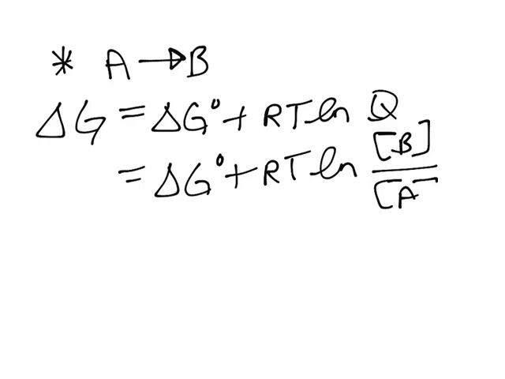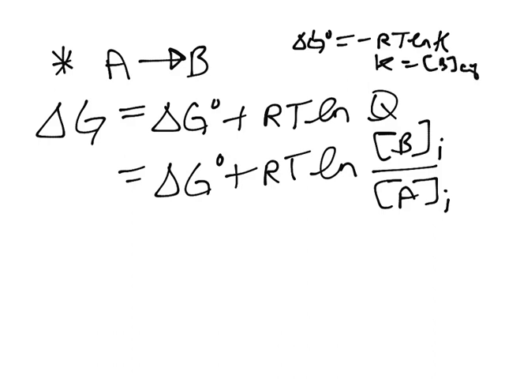Because we know, so I'll put initial here, we know that delta G naught is equal to minus RT natural log K, where K is the equilibrium conditions. So K equals the concentration of B at equilibrium divided by the concentration of A at equilibrium.